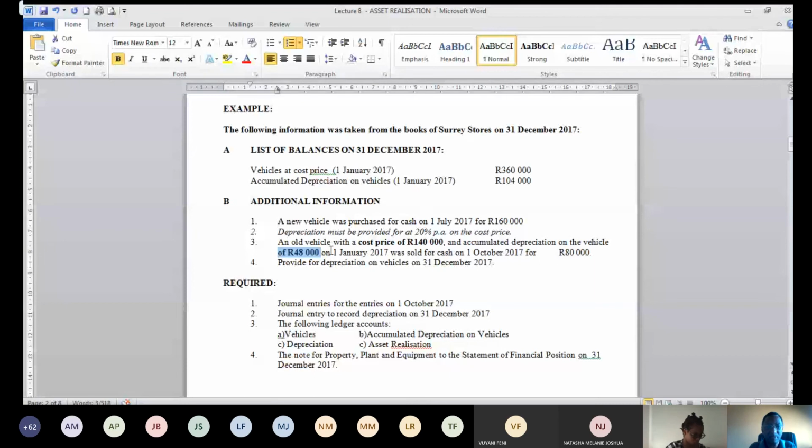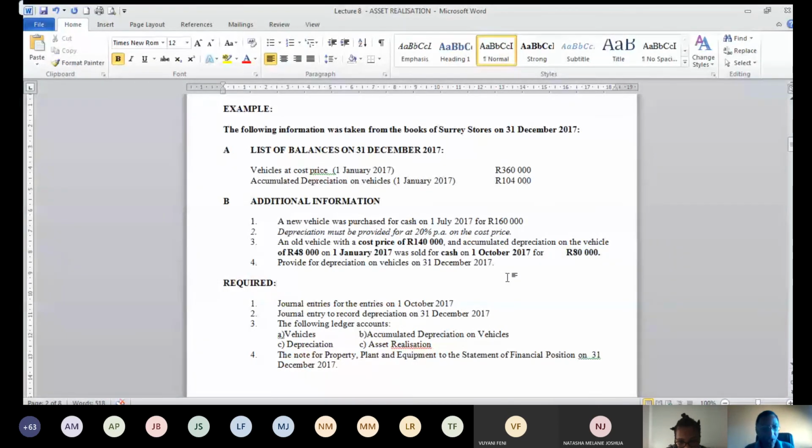And that is the accumulated depreciation on the 1st of January, so that is your accumulated depreciation at the start of the financial year, and it was sold for cash. Those are the important things that we are looking for. It was sold on the 1st of October. So the 1st of October is the date of your asset realization, and it was sold for 80,000 Rand.